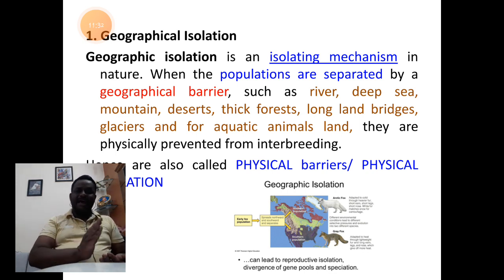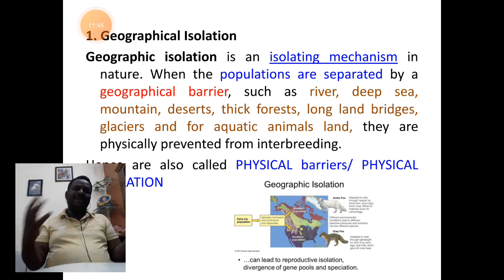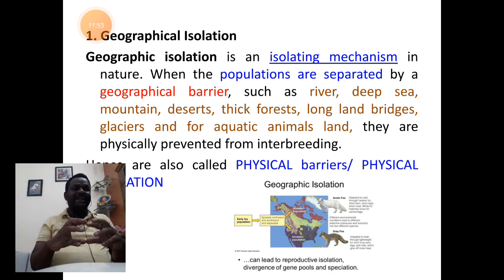It includes examples like river, deep sea, mountains, deserts, thick forests, long bridges, ice glacier mountains, or even a very vast or large land, etc. These barriers physically prevent the mating or interbreeding of separated individuals.